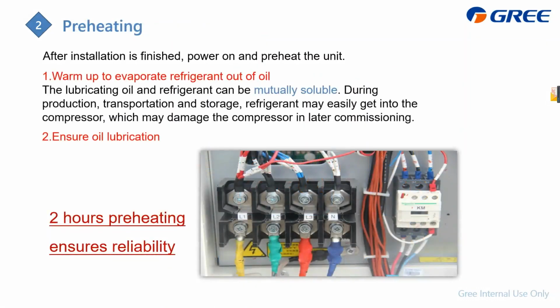Okay, then after the installation, after the charging of the refrigerant, and after the setting of the dip switch, we should power on and do the preheat. Only power on is the preheat. For GMV 5, we should preheat for more than 8 hours, but for our GMV 6, 2 hours is enough.